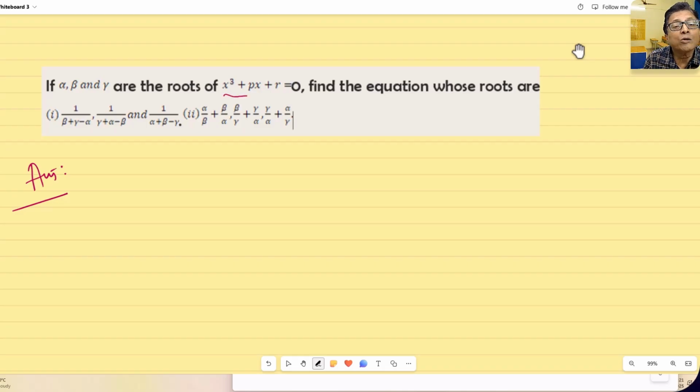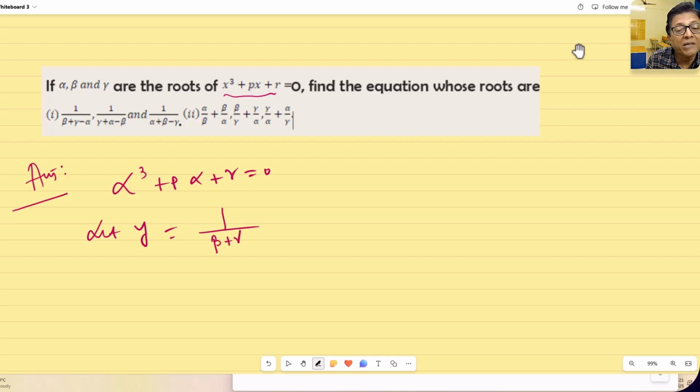Since alpha is a root, it will satisfy the equation alpha cube plus p alpha plus r equal to 0. Okay. Now let us assume y equal to 1 by (beta plus gamma minus alpha). If you get y entirely in terms of alpha and substitute there, then this becomes the root of the transformed equation.